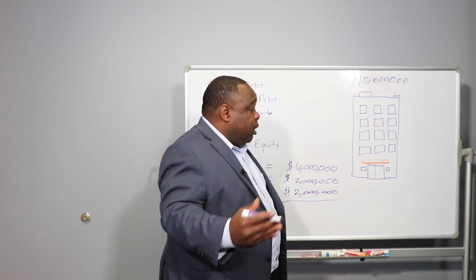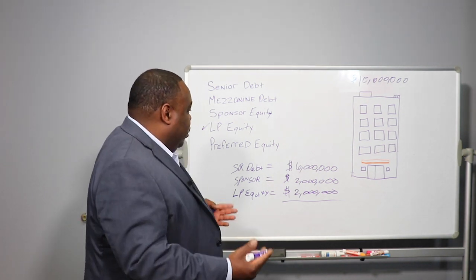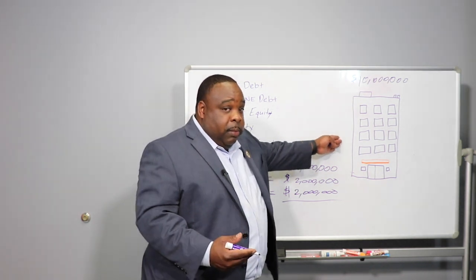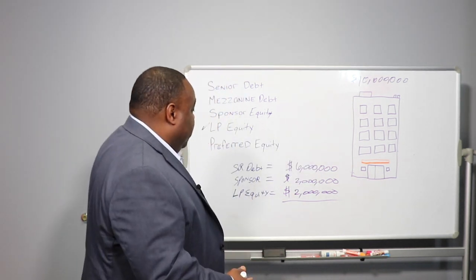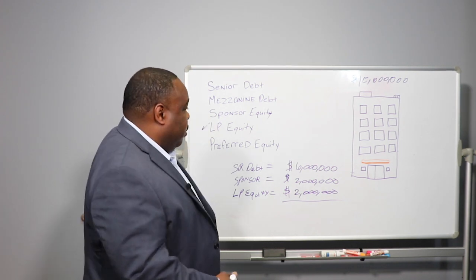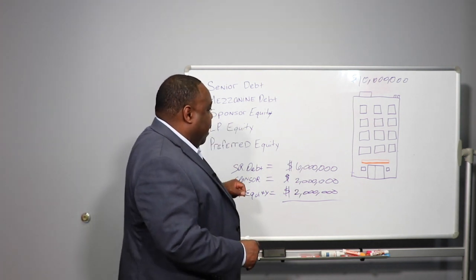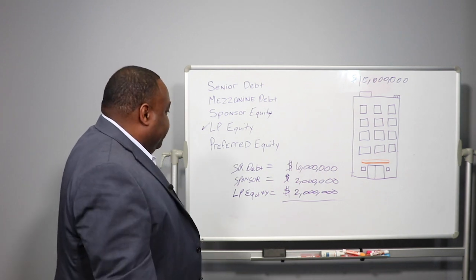And if those other projects have the potential of paying a higher rate of return, then that means that you're losing money by tying up too many dollars on this particular investment. So that's why it's very important to understand what your return targets are for the sponsor equity and properly calculate the impact of that cost of capital in the overall cost of your project.